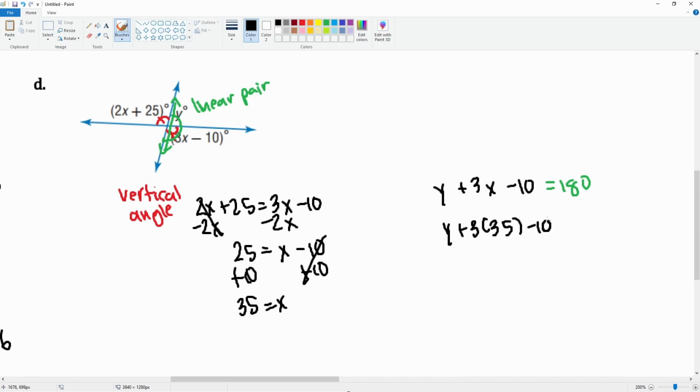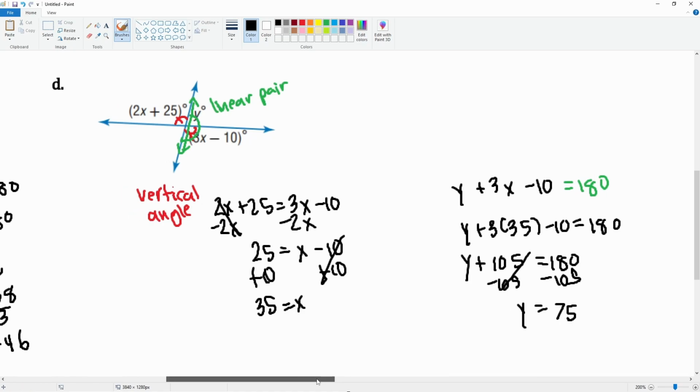So let's make that substitution. 3 times 35 gets you 105. So y plus 105 is equal to 180 degrees. Minus 105 on both sides, this cancels. Y is equal to 180 minus 105, which gets you y equal to 75 degrees. So there you go.